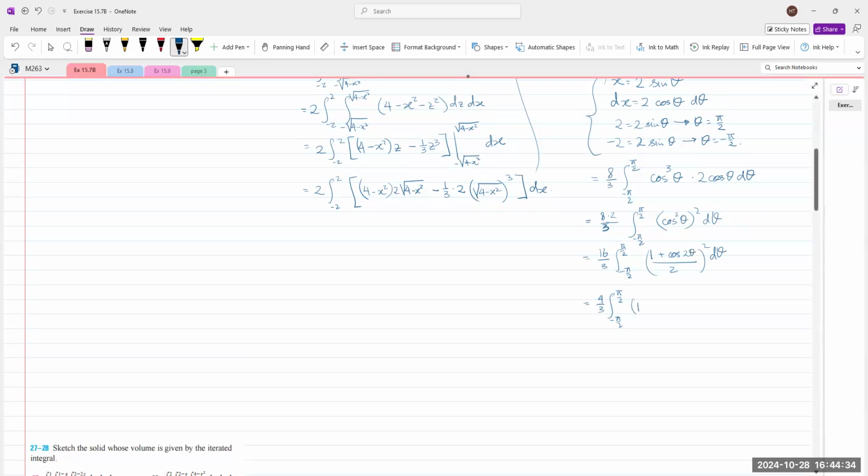So this will be 1 plus 2 cosine 2 theta plus cosine squared 2 theta d theta. Is it okay? When I integrate that, I think I have an issue with the third one, but I'll do it later. So this will be 4 over 3.